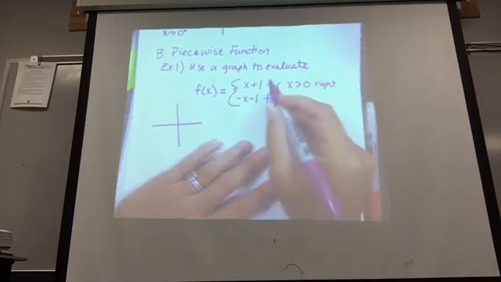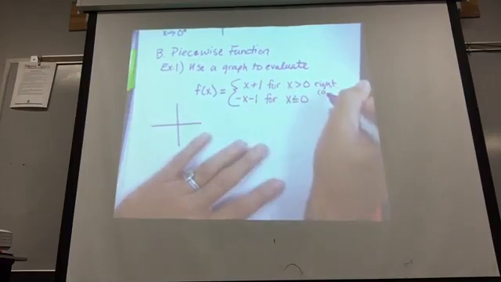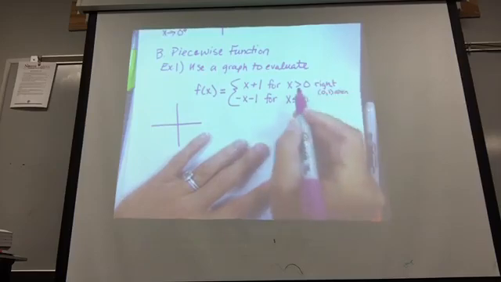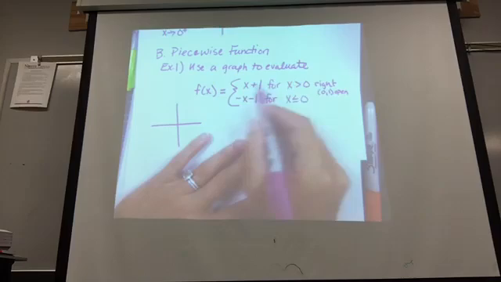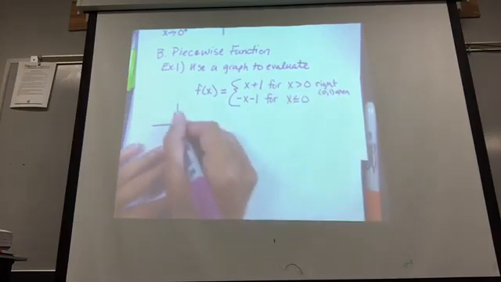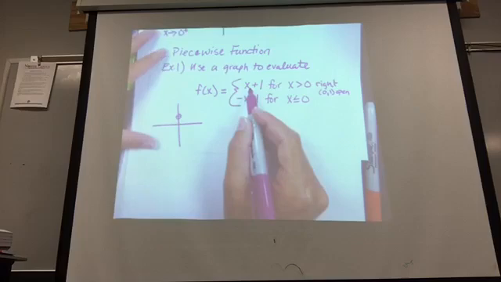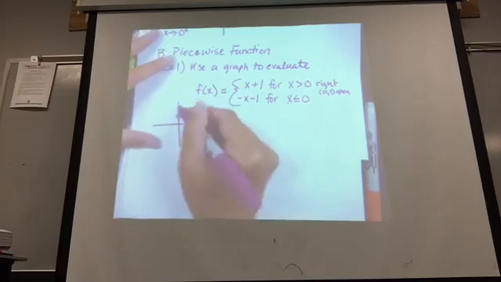If I plug 0 in, 0 plus 1 is 1, so I have that point starting at (0, 1), but it's open because the interval for this expression is just greater than 0. I'll plot that point, and this linear function has a slope of 1, so it's just going to go up.